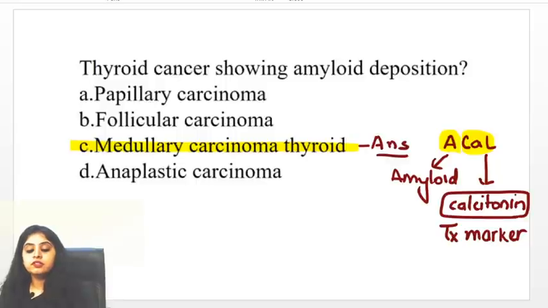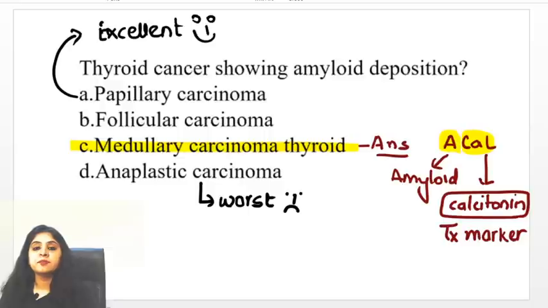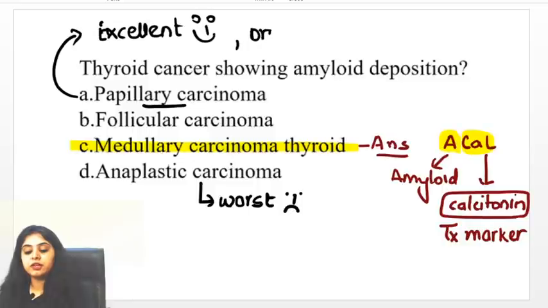Which out of these is going to have the worst prognosis? Anaplastic carcinoma has the worst prognosis for the patient. Which out of these has the excellent prognosis? Papillary carcinoma has the excellent prognosis. In the part 2 session, I had taught you the classical nuclear appearance for papillary carcinoma thyroid: the Orphan Annie eye nucleus.